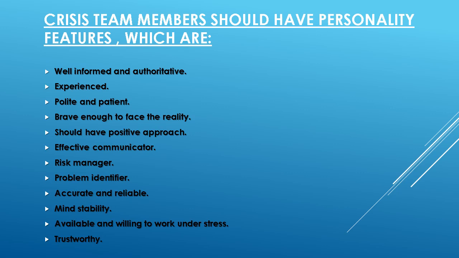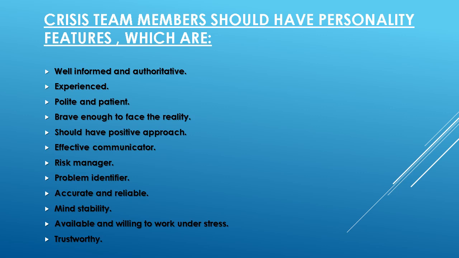Number 6, they should be an effective communicator. This is the most valuable feature, and this is why the public relations or marketing team should be represented as main members in the crisis management team, with the ability to communicate smoothly and effectively with internal and external publics.